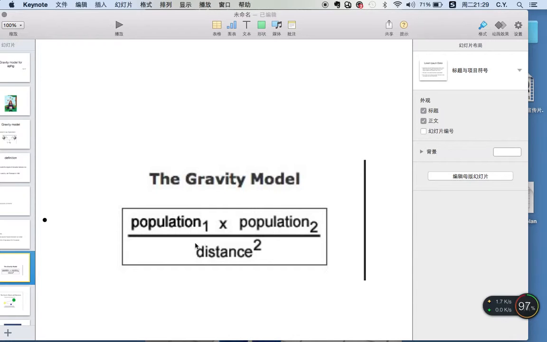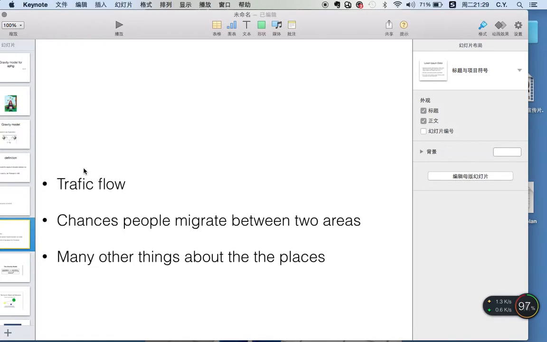This number is the interaction power, or interaction number, of these two cities. This number can reflect the traffic flow, people migrating between two areas, and many other things about those places.